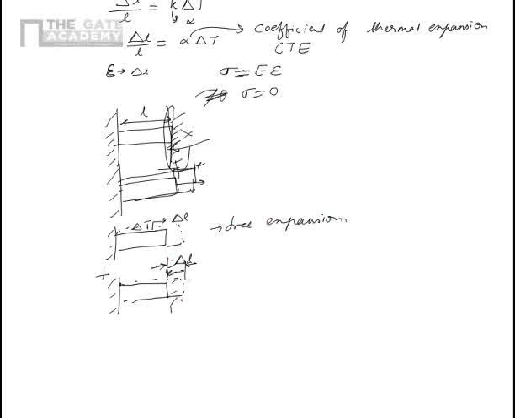But this one is a forced compression, which means over here we have a strain which is equal to minus delta L upon, let's take L. And because this is forced, which means that the support is forcing the thing to go inside, there's a stress.